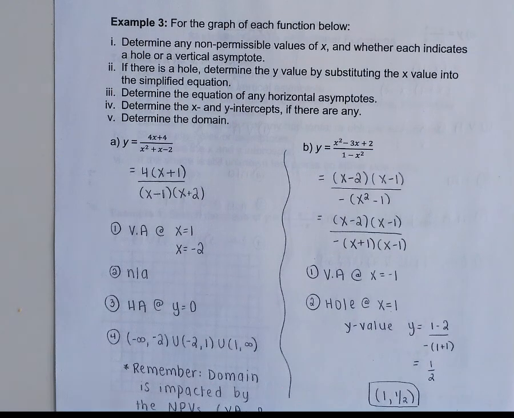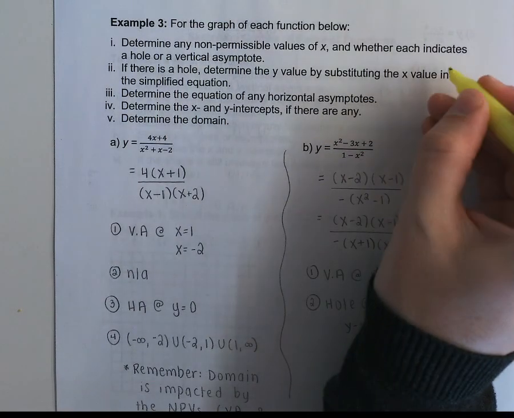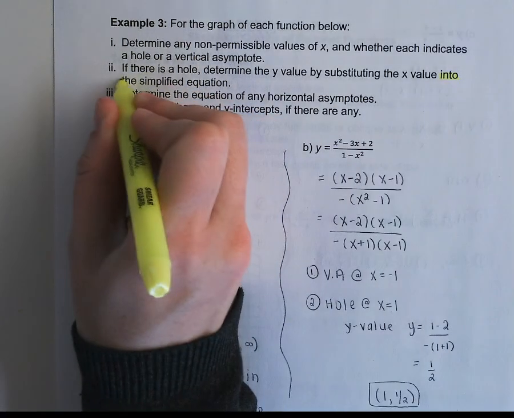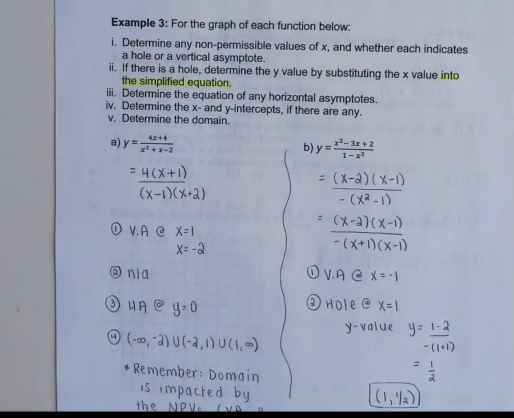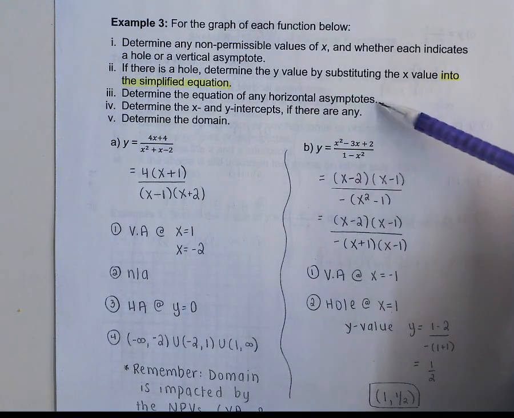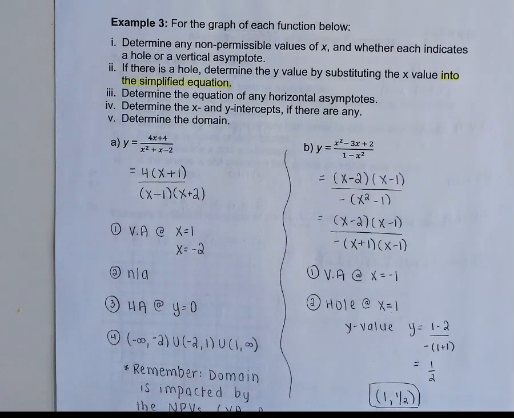And I want to highlight that because that is really important. A hole is a very particular point, so it needs to have an x and a y value. Then determine the equation of horizontal asymptotes, determine x and y intercepts, and determine the domain.